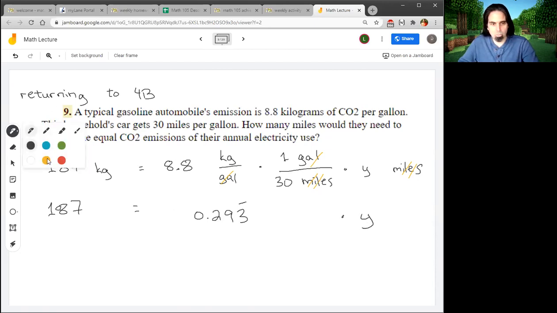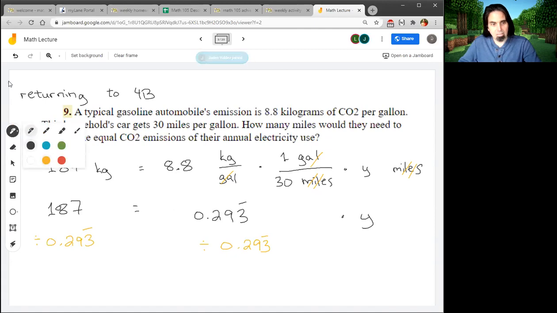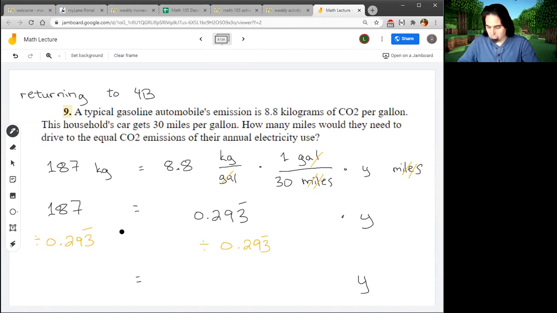Instead of times, we divide by 0.293 repeating forever. And whatever that is, 187 divided by previous answer, 637.5. You would certainly put 638, right?